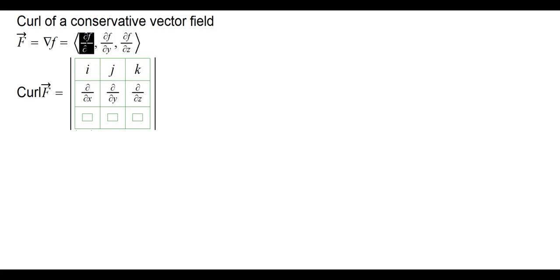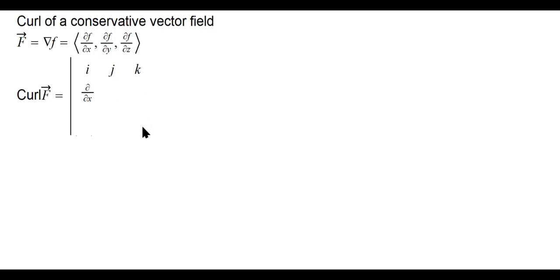You can always fast forward if you want. So we have ∂/∂z, and then here we have the components ∂f/∂x, ∂f/∂y, and then ∂f/∂z.